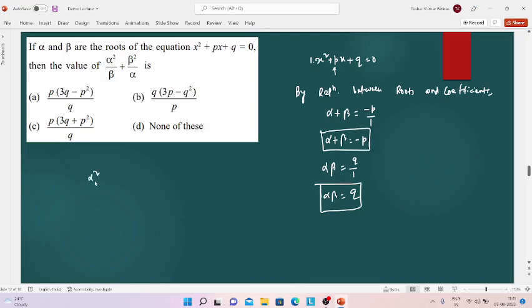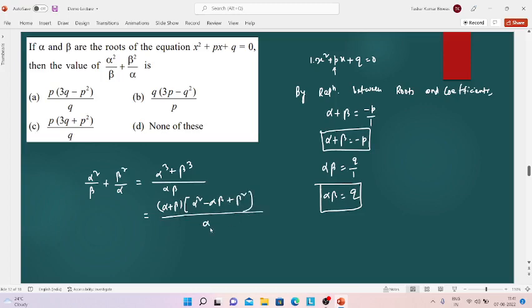So we can write alpha square by beta plus beta square by alpha as alpha cube plus beta cube over alpha beta. What we are trying to do is make this part in terms of alpha plus beta and alpha beta, because we have those values. So we can write this alpha cube plus beta cube as alpha plus beta into alpha square minus alpha beta plus beta square, right?